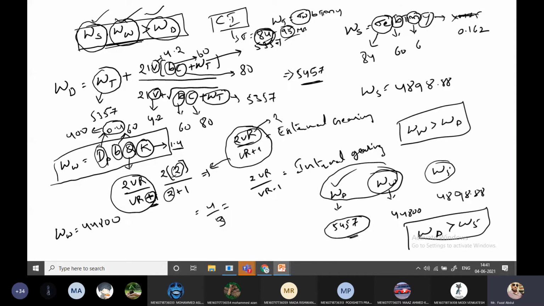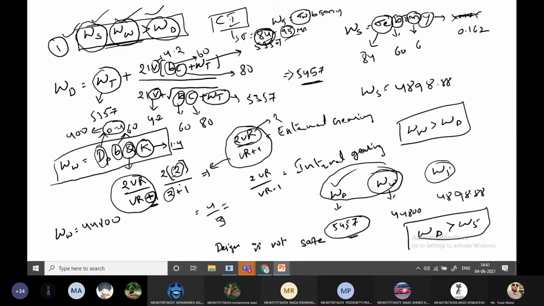If our design is to be safe, this condition should be satisfied. If any one of the loads is not greater than the dynamic load, then our design is not safe. Like this, you have to write the comment.